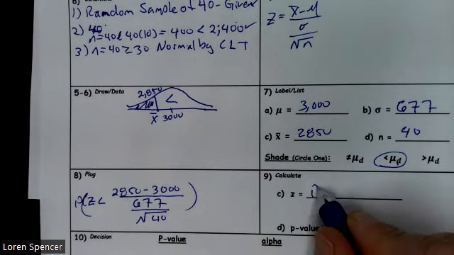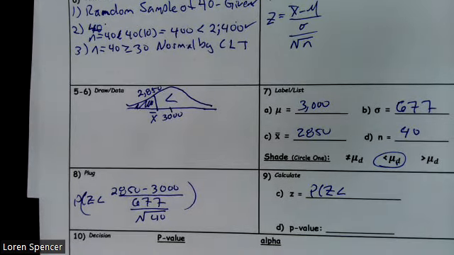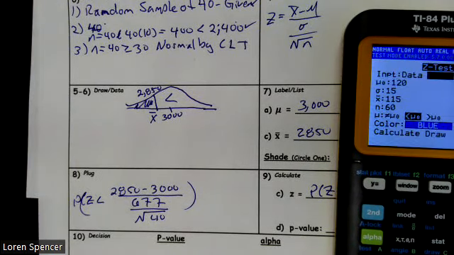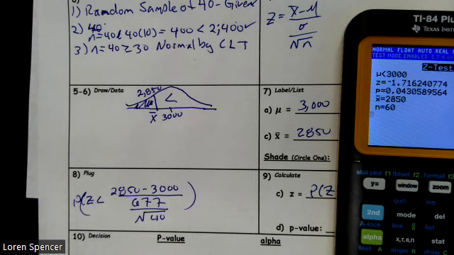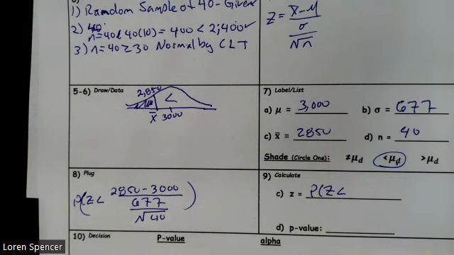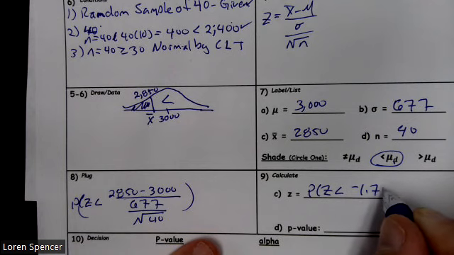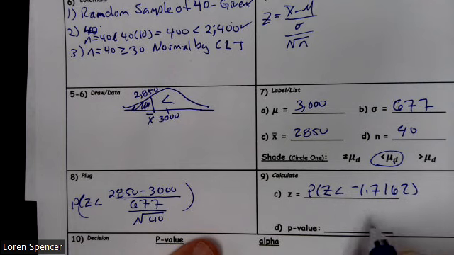On the calculator: STAT, TESTS, Z-Test, mean 3000, standard deviation of 677, X bar of 2850, sample size 40, calculate. So the probability that Z is less than negative 1.7162 gives us a p-value of 0.0430.